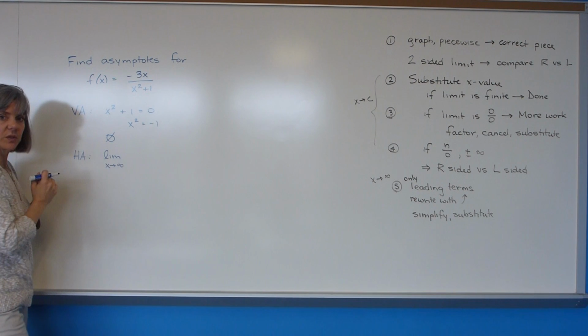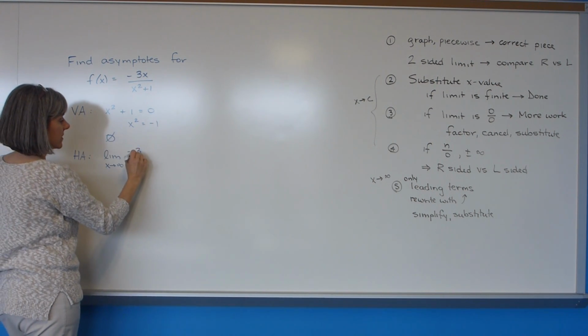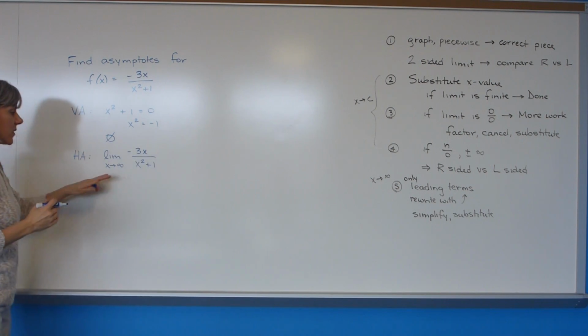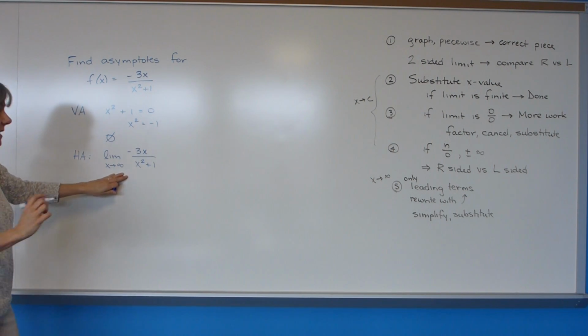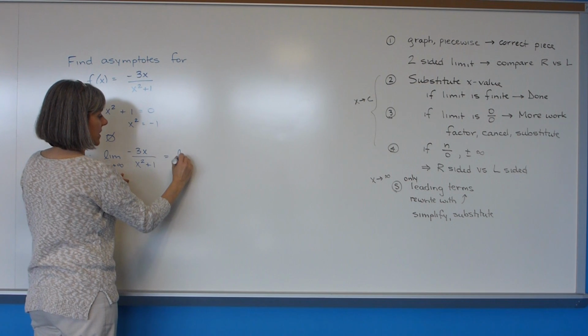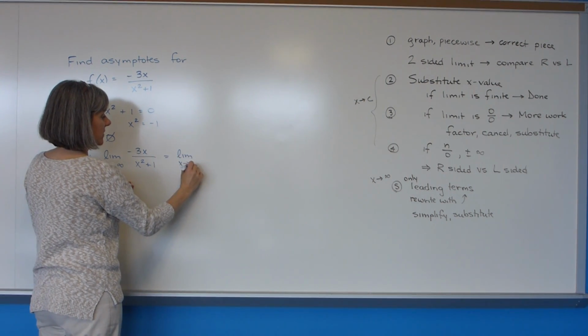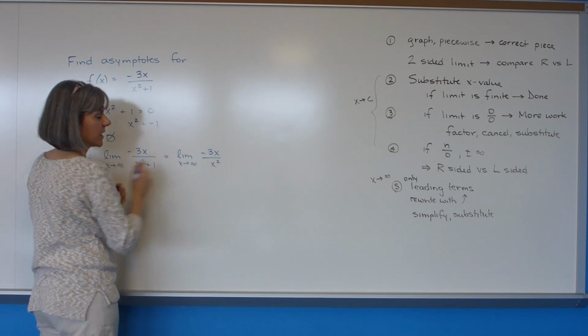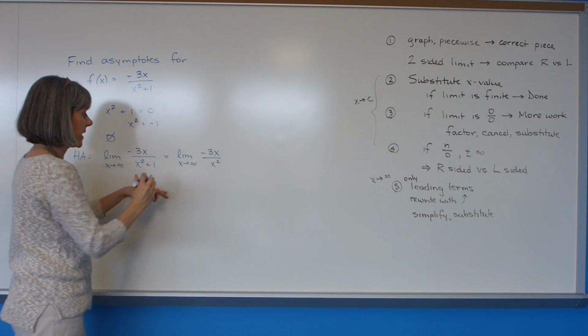The limit as x approaches infinity of negative 3x over x squared plus 1. Okay, now I can take only leading terms. So the limit as x approaches infinity, negative 3x, include the coefficient, x squared in the denominator. Okay, I can go ahead and cancel.